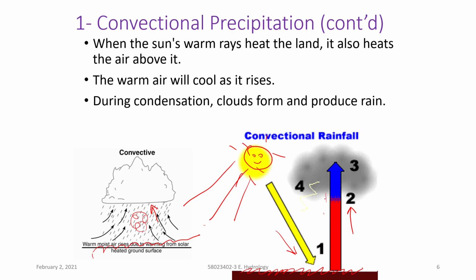So this warm air will cool, and with the cooling process, condensation starts, and this condensation forms the clouds to produce the rain, to produce the precipitation.